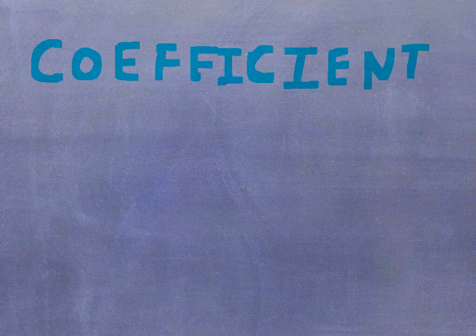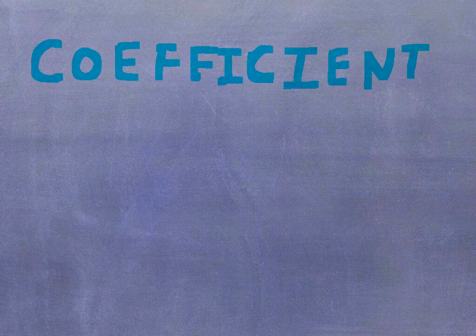A coefficient is made up of two different things. If you are efficient, you use time wisely to get a job done. A worker in a factory might be seen as being efficient. The prefix co means to do with something. So in this case, we're working with something else, and the variable stands with a coefficient.